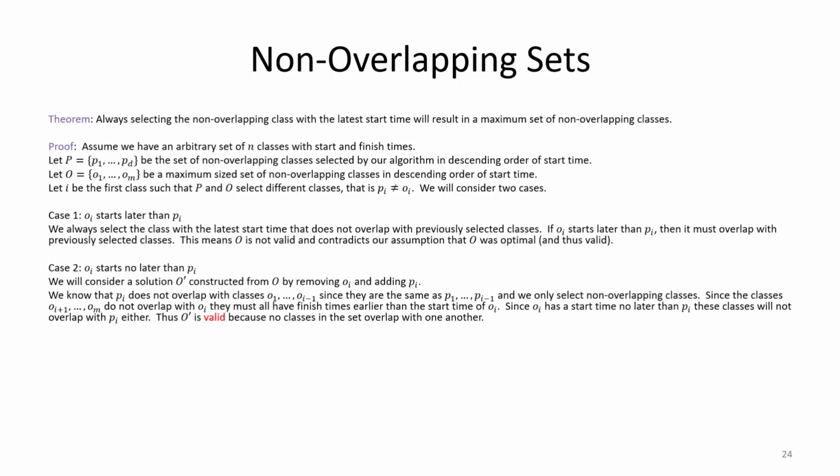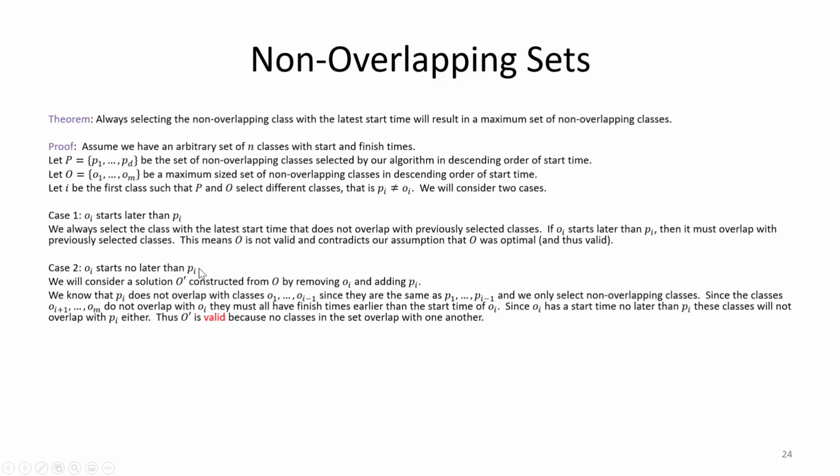Now, here's what's going to come into this one: OI starts no later than PI. All the ones that we would add after this point are actually ones that come earlier in the day, because our algorithm backtracks, remember. So all those ones actually finish before OI starts. So OI plus 1 up to OM all finish before OI starts.